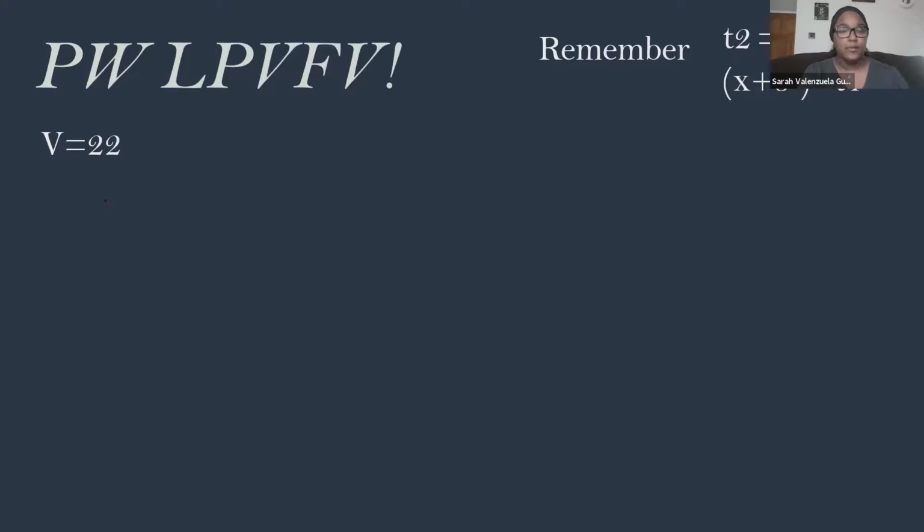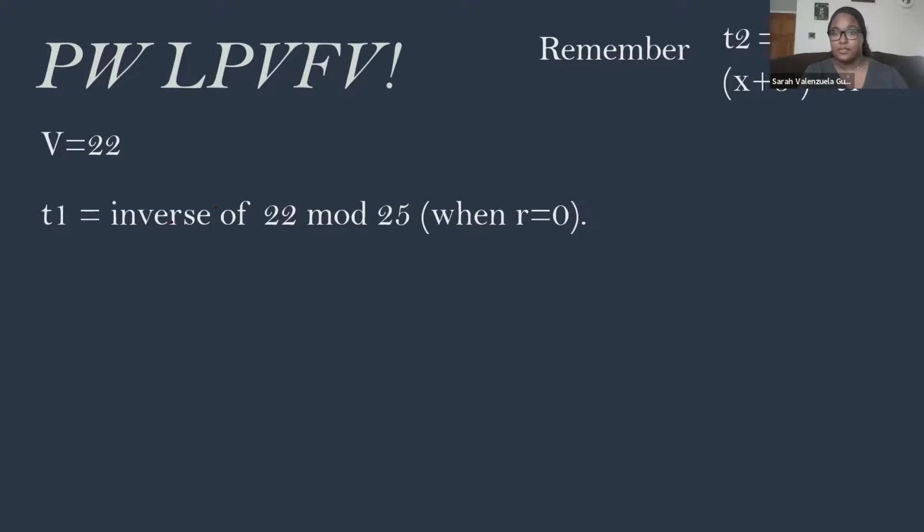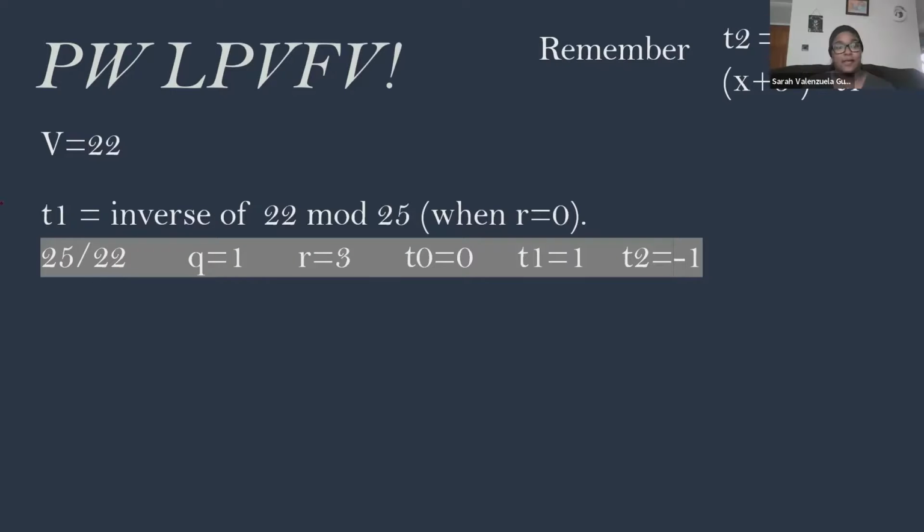So T1, when R is equal to 0, will be the inverse of 22 modulus 25. We have our little chart. We see that our B is going to turn into our A. Our reminder is going to turn into our B. Our quotient in this case is 7, and our reminder is 1.